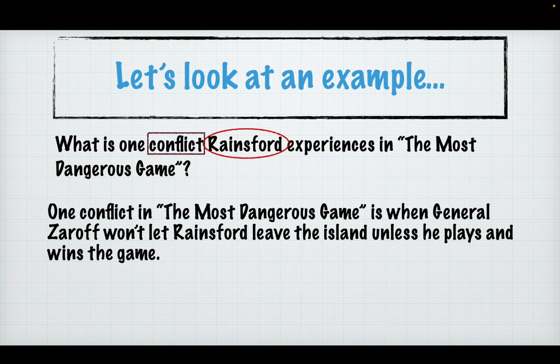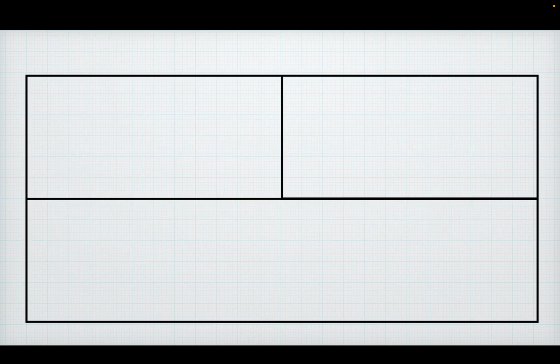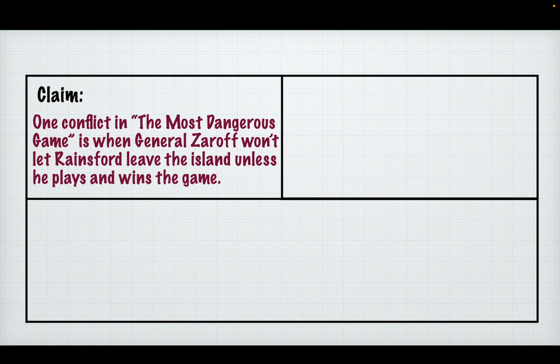So as you can see, the prompt is being used when I say one conflict in The Most Dangerous Game is when, and then the second part of that is my answer. The conflict is that General Zaroff won't let Rainsford leave the island unless he plays and wins the game. All right, so I'm going to go ahead and put that in my Foursquare in the claim box, exactly like that.